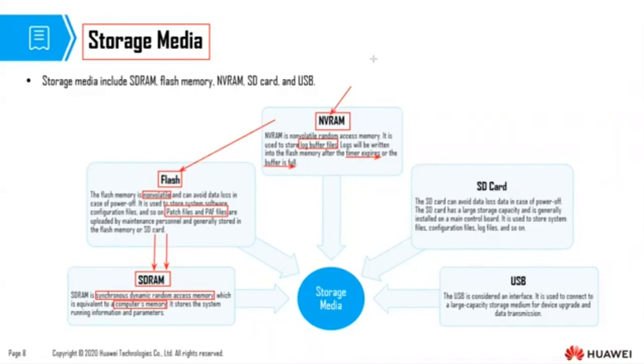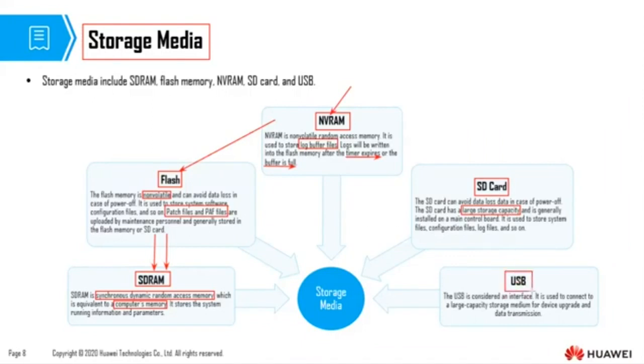Now, just like in your laptops, you might also have other slots, like we have a slot for an SD card. So this is used to provide an external storage. If you have a memory card, then you can install it in your switch or router in order to increase the storage capacity of your permanent storage.